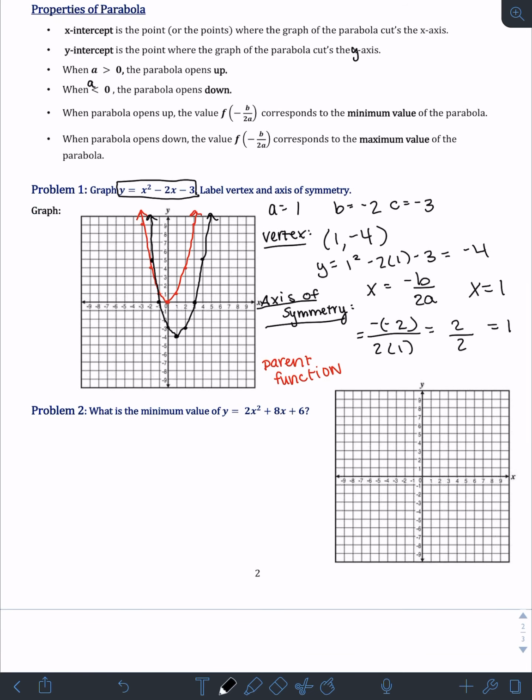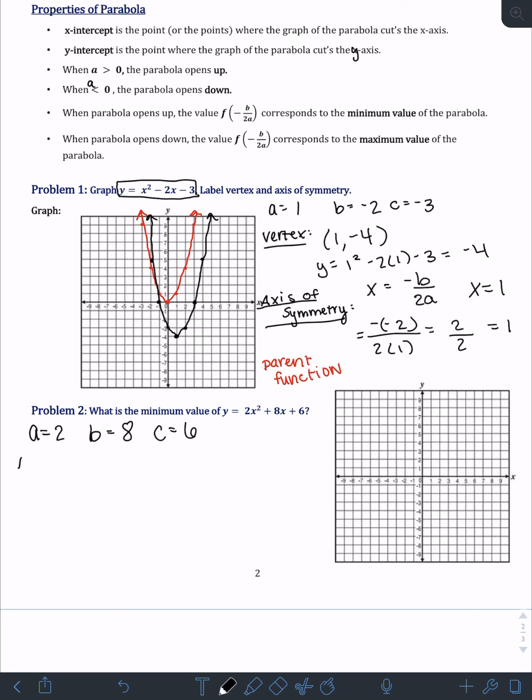Problem 2 says, what is the minimum value of 2x squared plus 8x plus 6? Before we do anything, let's think about it. Well, it has a minimum value, right? Because it opens up. So that's a plausible question. So let's label a, b, and c. A is 2, b is 8, and c is 6.